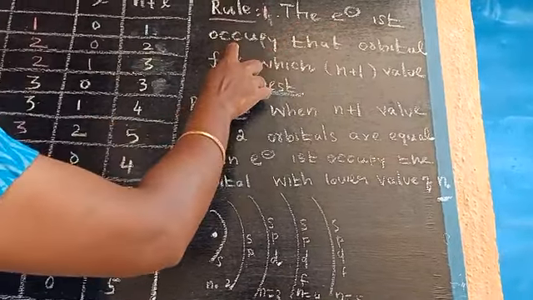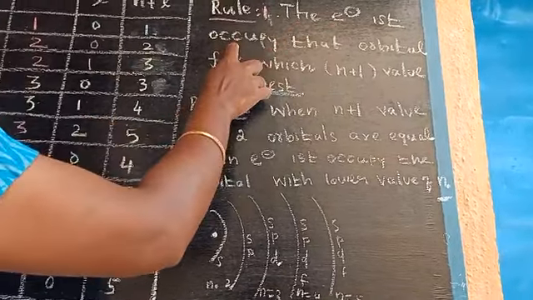Rule number 2, when n plus L value for 2 orbitals are equal. See here 2p orbital and 3s orbital. Here values are equal. Here 3, here also 3. Equal, then electron first occupies the one with a lower value of n.